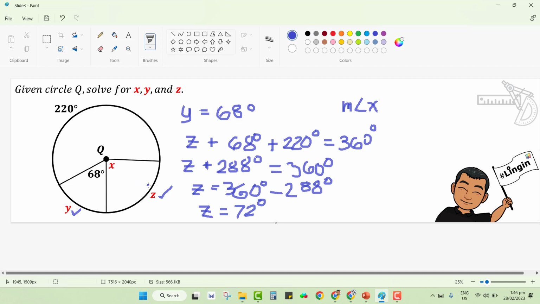And since the intercepted arc of angle x is z, which measures 72 degrees, the measurement of angle x is also 72 degrees. So this is how we solve the unknown variables x, y, and z, not in that exact order, depending on which variable could be solved first for this given circle Q.